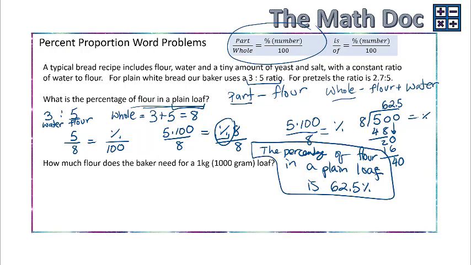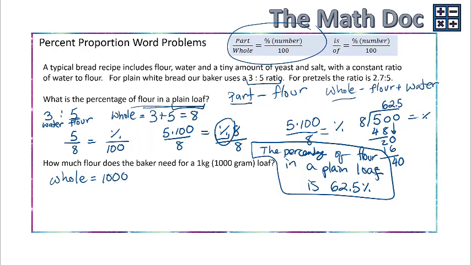Okay, running out of space here. Now we have the percent and we can work with that. Now the question is, how much flour does the baker need for a 1 kilogram, that's 1,000 grams, loaf? If we have a loaf that weighs 1,000 grams, that means our whole is equal to 1,000. And we're asking how much flour we need.